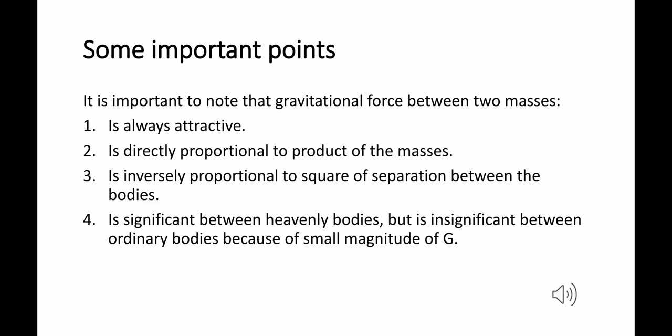Fourth, the force is significant between two heavenly bodies. That means universal gravitational force is significant between two heavenly bodies, not between two bodies which are here on earth, but it is insignificant between ordinary bodies because of the very small magnitude of G. When it is calculated, it will be very small, and hence the force acting between very common objects will be very, very small, too less to be experienced.